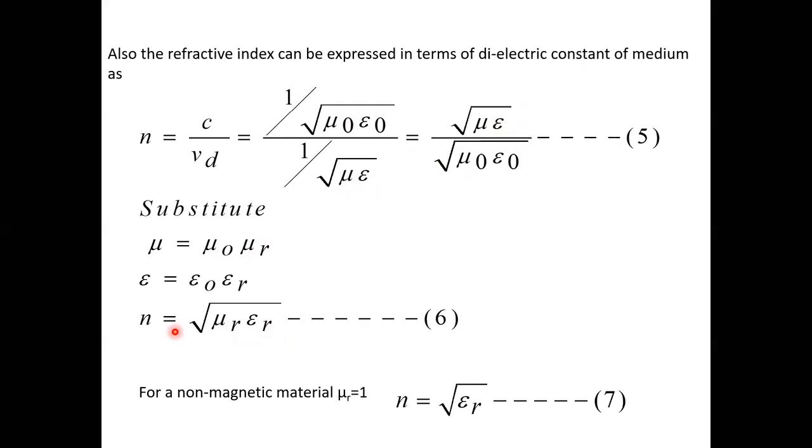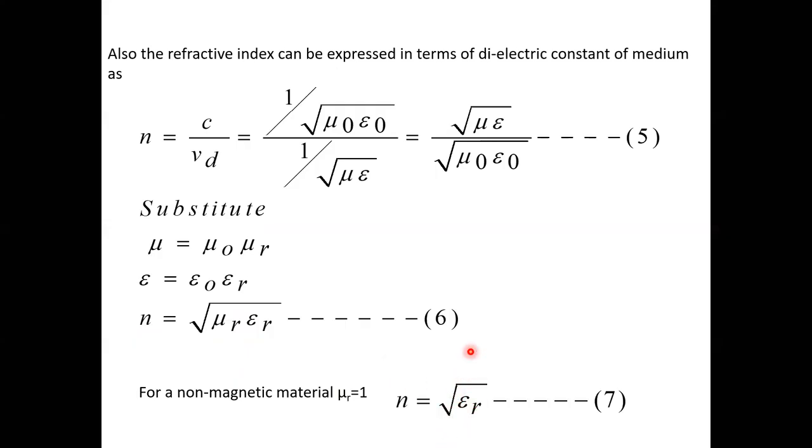This is the final formula. If we consider a non-magnetic material, mu r is equal to 1, so directly n is equal to root of epsilon r.